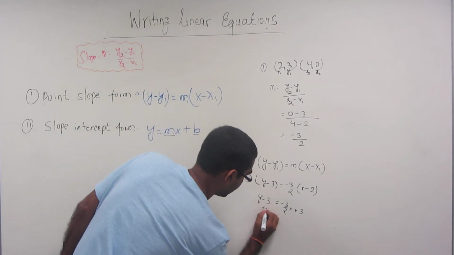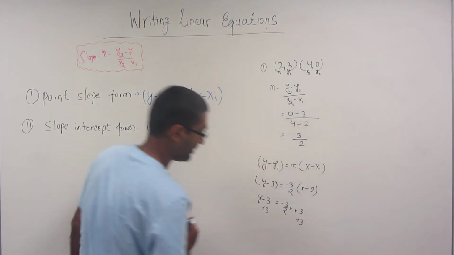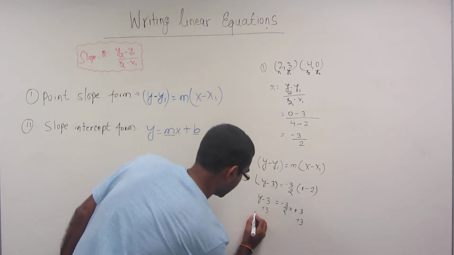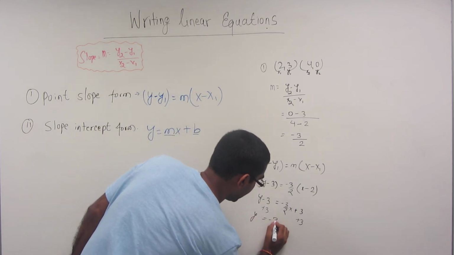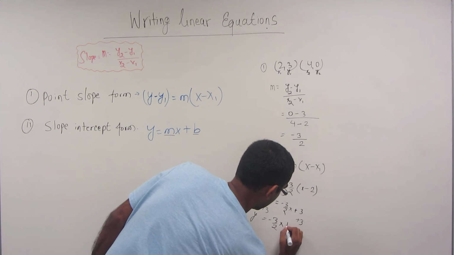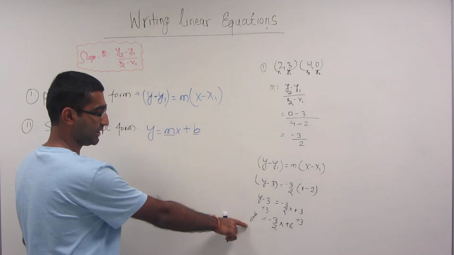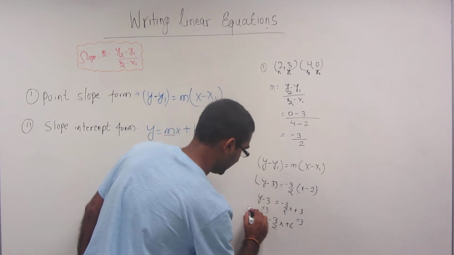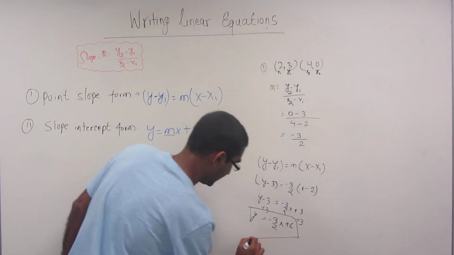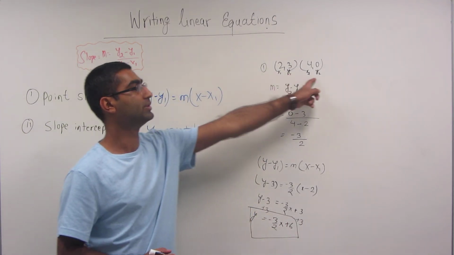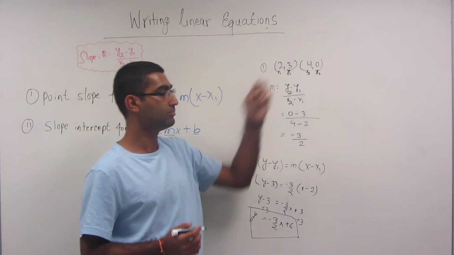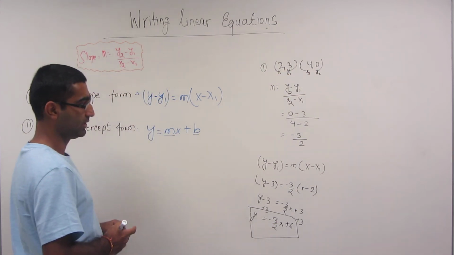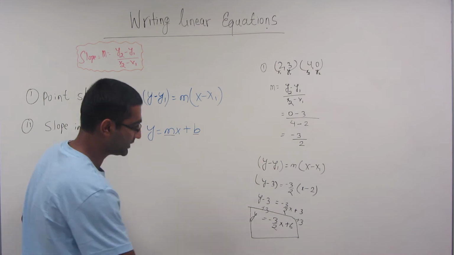So let's take this 3 over to the other side by adding 3 on both sides. So y equals negative 3 over 2 x plus 6. Okay, now this is in the form y equals mx plus b. And this is the linear equation of the line containing these 2 points. Okay, and this is how we do it.